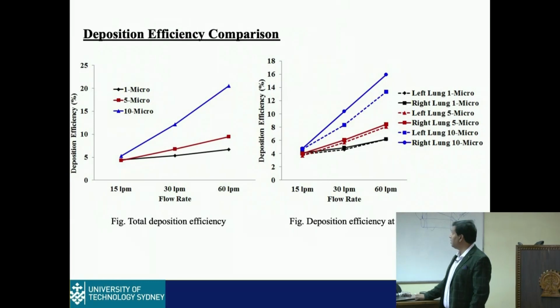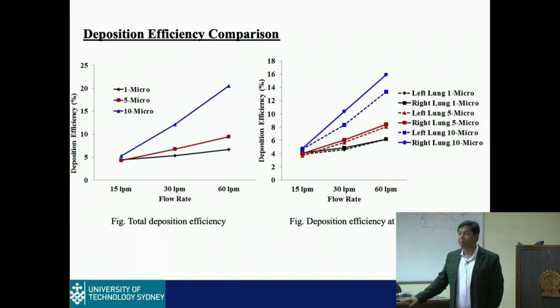And here we just did it for 3 different particle sizes: 1 micron, 5 micron and 10 micron. In 2012 it was a bit hard to do a polydisperse particle, but now Ansys has a very good system that can solve polydispersed particles.